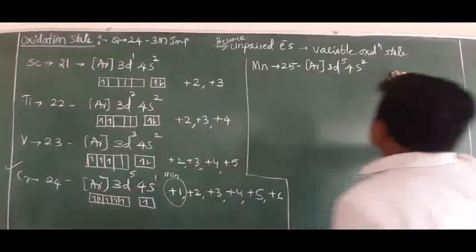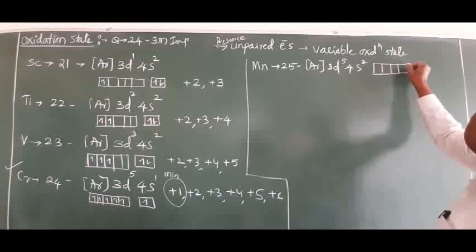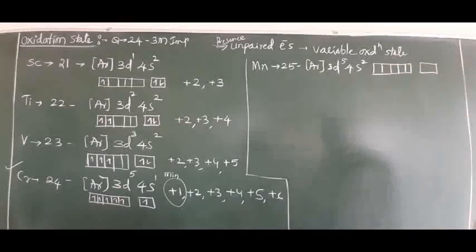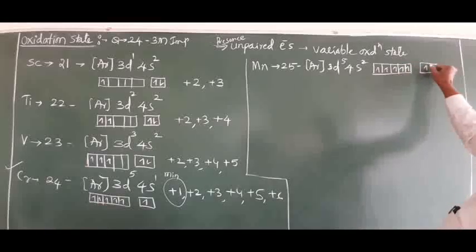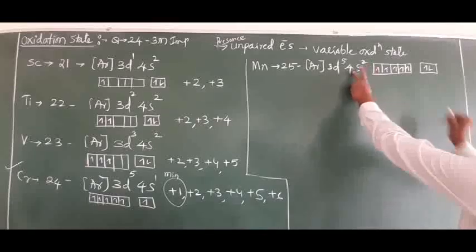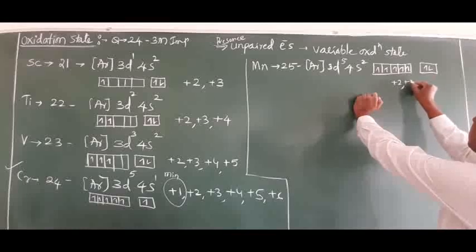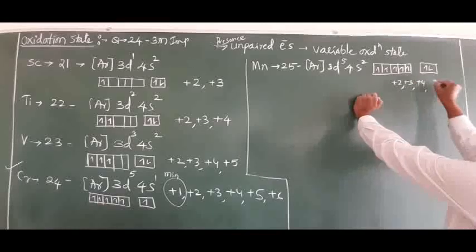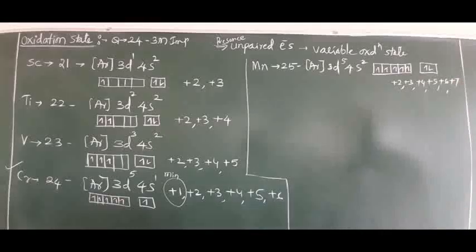This is your d orbital and this is your s: 1, 2, 3, 4, 5, and this is 6, 7. Now what about the oxidation state? The s orbital has 2 electrons, that's why this is +2, +3, +4, +5, +6 and +7. This is the variable oxidation state of manganese.